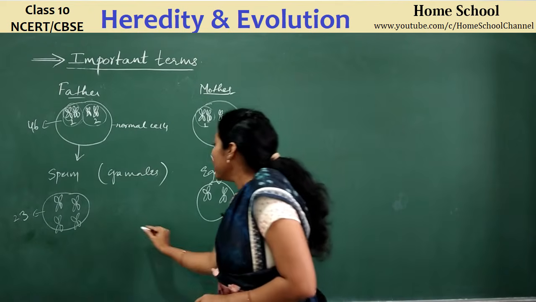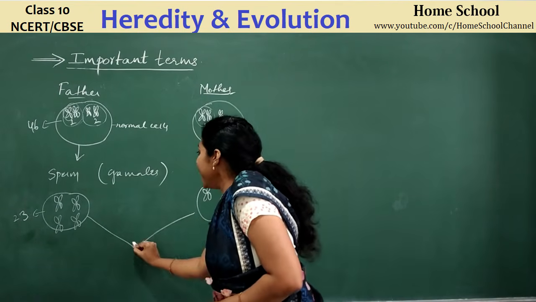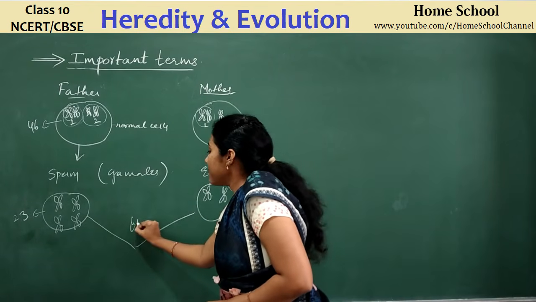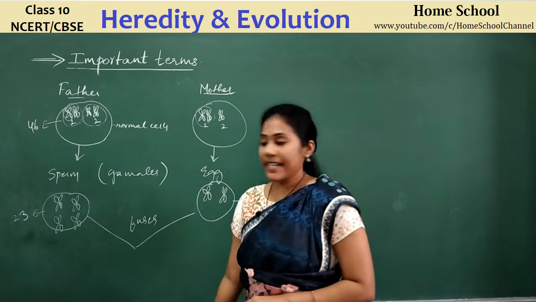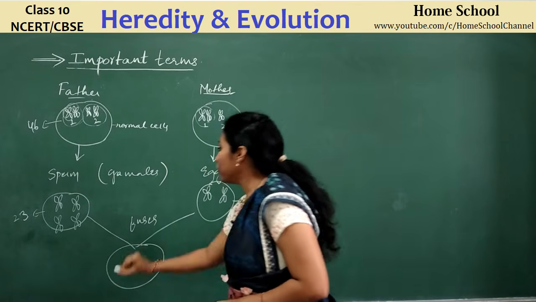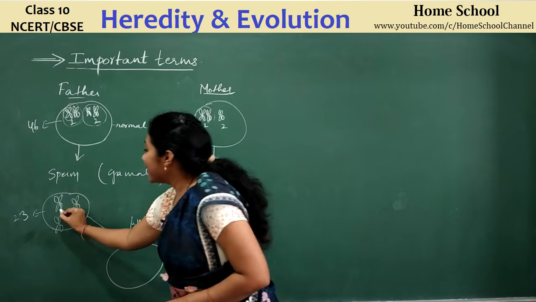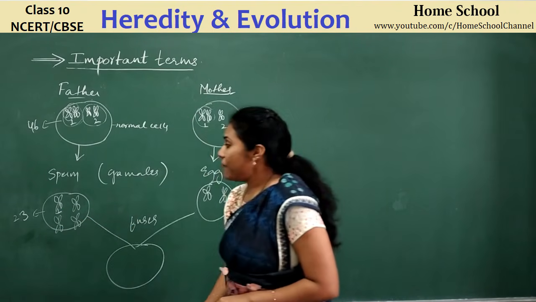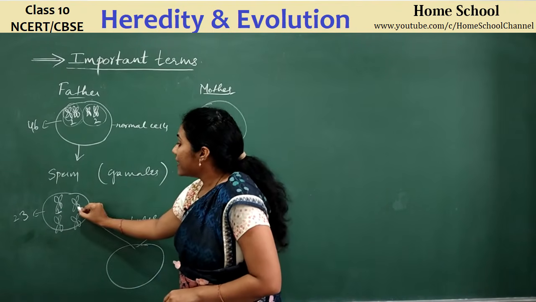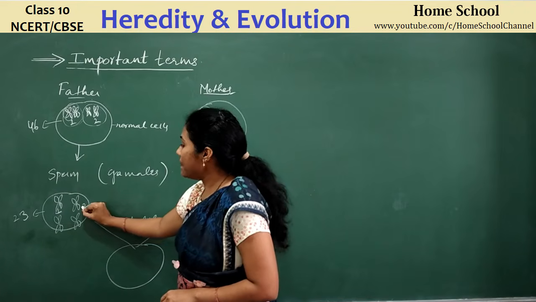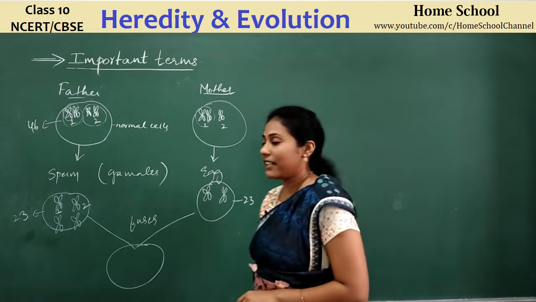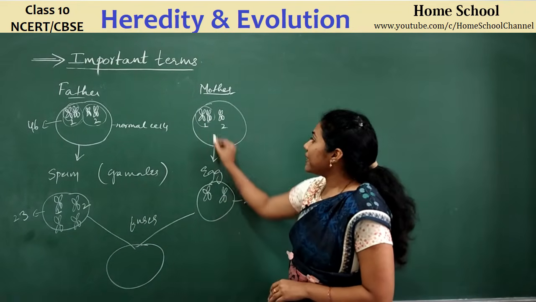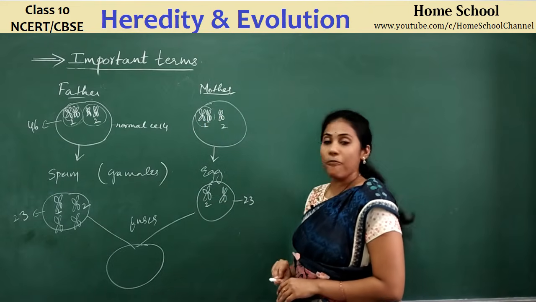And now these egg and sperm fuse, and that is what we call fertilization. You get a zygote. See, this is the chromosome that has come from the first set of father. This is the chromosome from the second set of father. This is from the first set of mother.